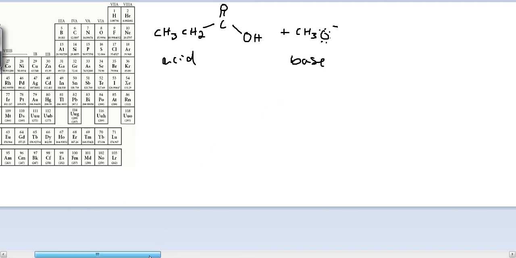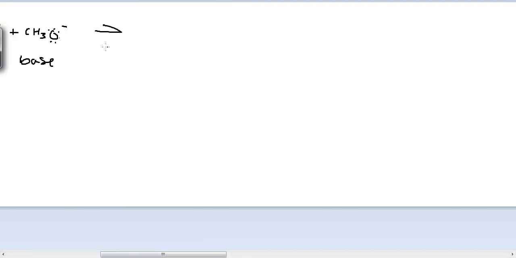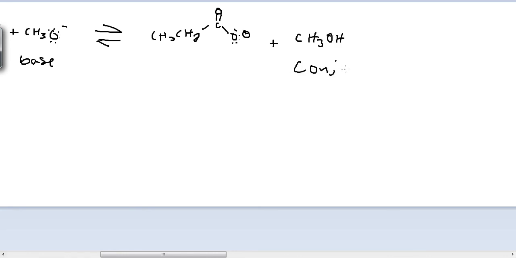Then when we run the reaction, we get, now this becomes the conjugate acid, and this one becomes the conjugate base.